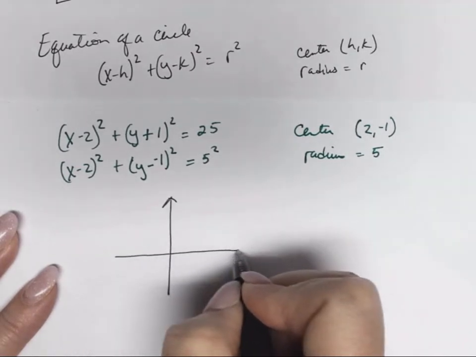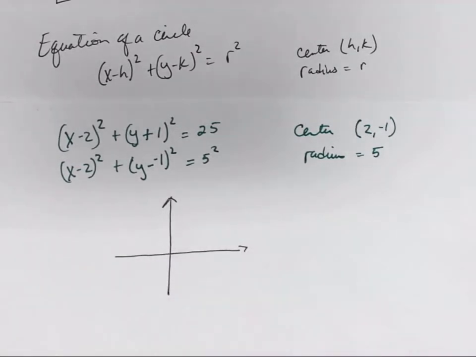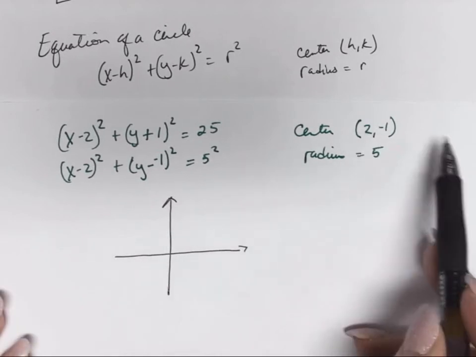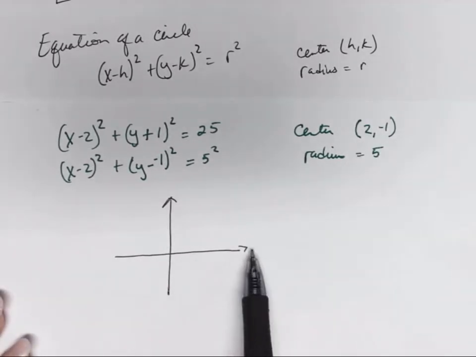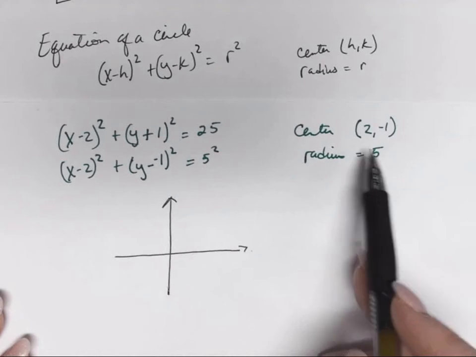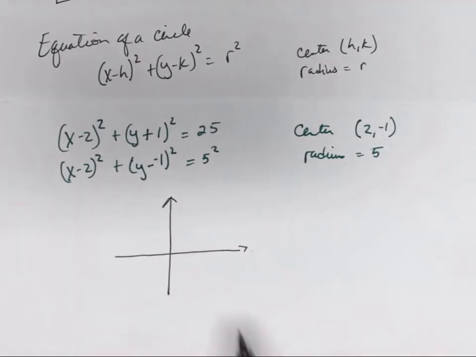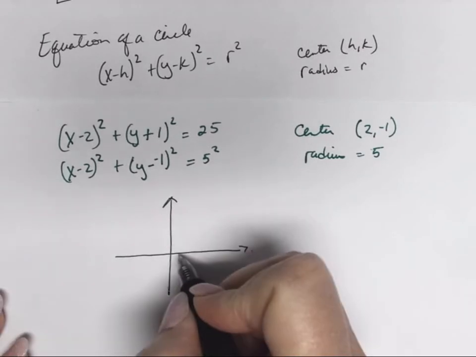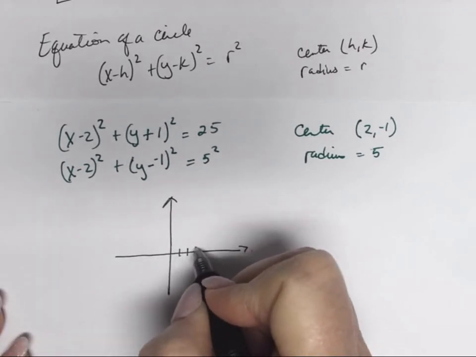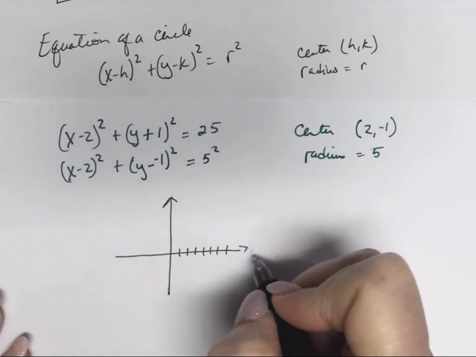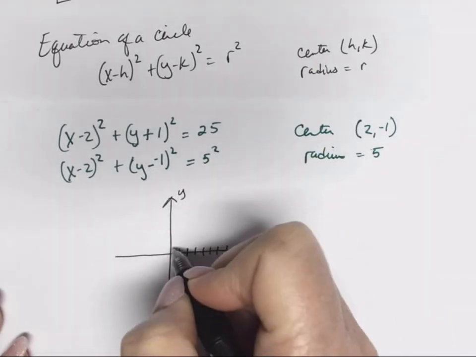Now this time, our center is at 2, negative 1. So we're going to have to go 5 in either direction. So I have to get to 7 on my x values. And then the others won't be as, but I have to make sure I can hit 7 over here. So 1, 2, 3, 4, 5, 6, 7. We've got x, we've got y.